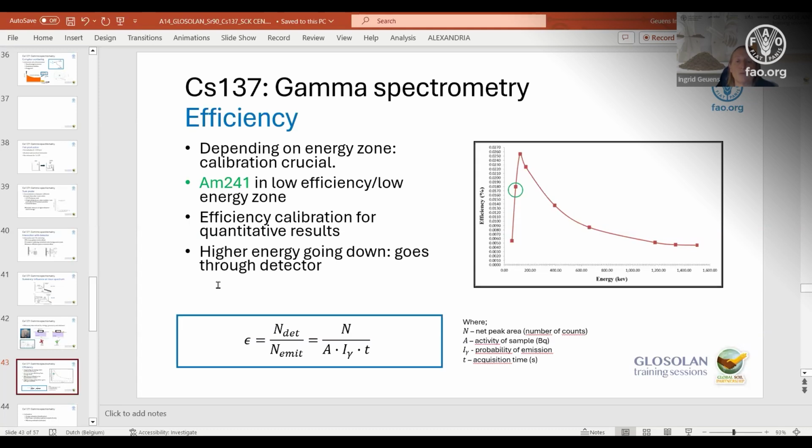And the number emitted is related to the activity of the sample, the probability of the emission, and the acquisition time. Because if you count longer, you also have more emission. So that's what we mean with efficiency. And efficiency depends on the detector you're using, but also on the energy zone you're in.